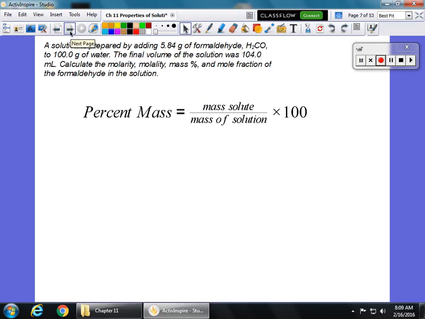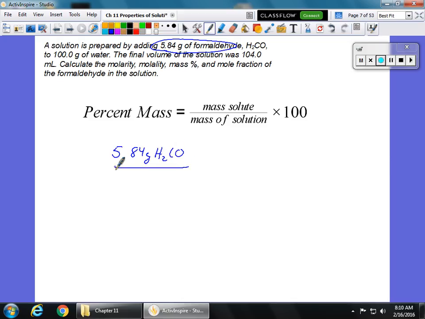As I said, what's important is to remember the definition. So let's start by looking at the mass percent. And that's the mass of solute over the mass of total solution. So back in the problem, it told us that there were 5.84 grams of formaldehyde, so we're going to put that on top: 5.84 grams H2CO. And we want that over total solution.